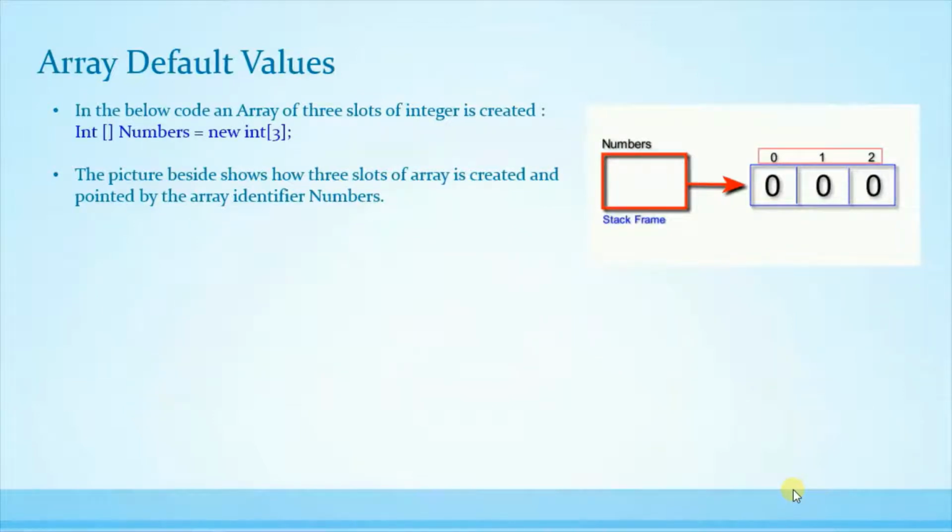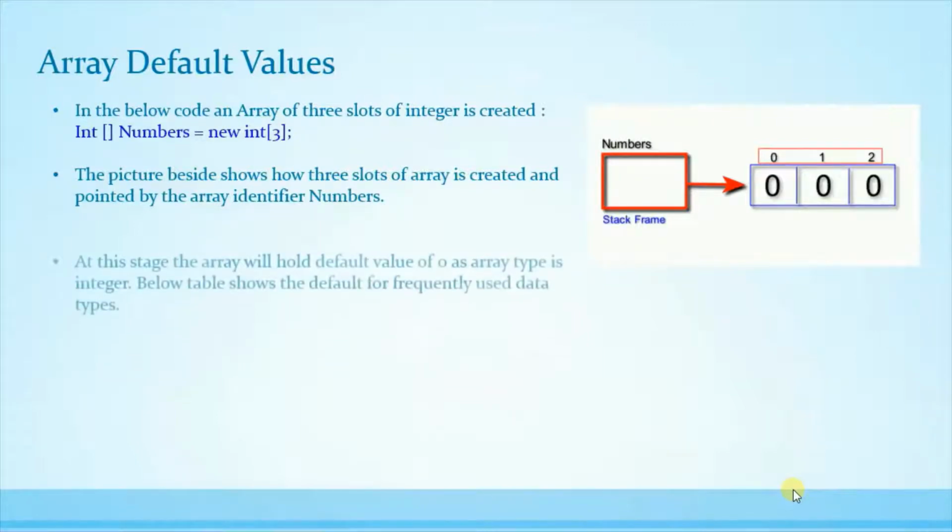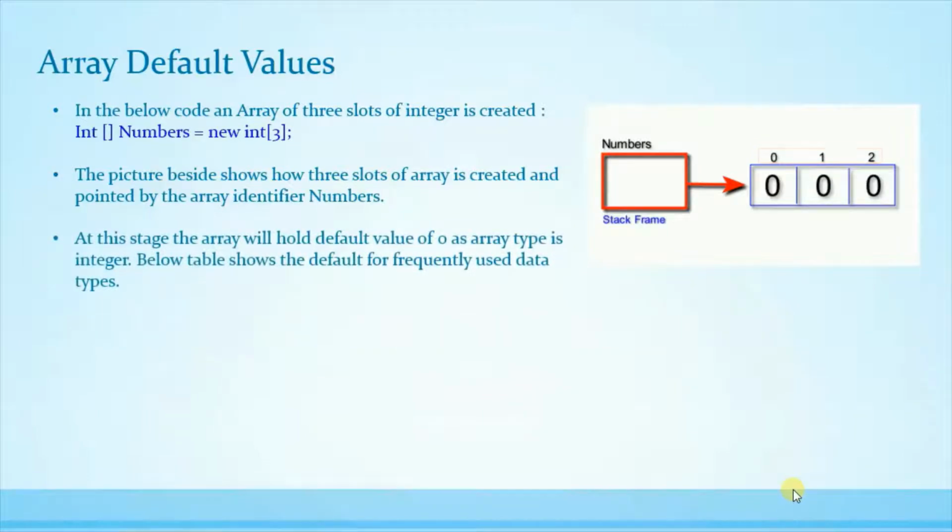In the upper picture you can see each slot has its own index. The index starts from 0, then it increments. Since this is integer data type, we have 0.